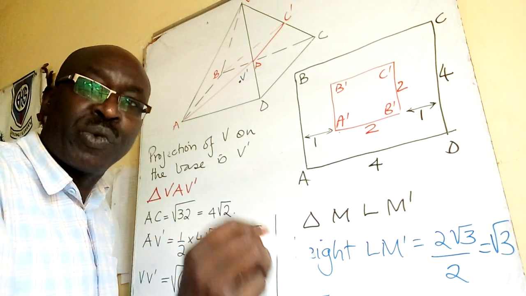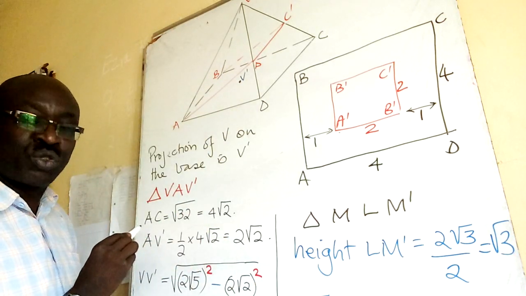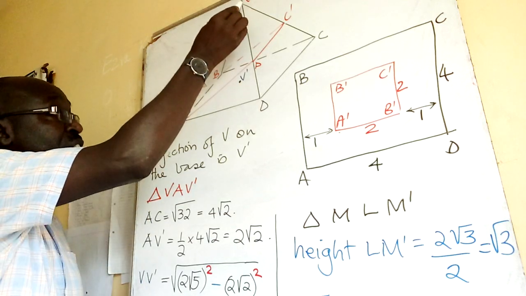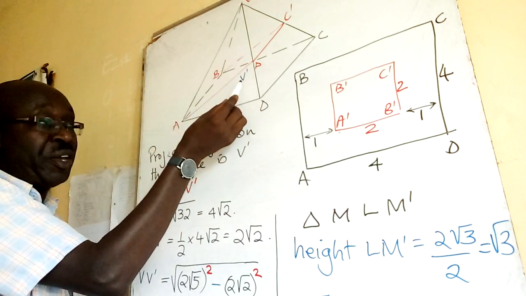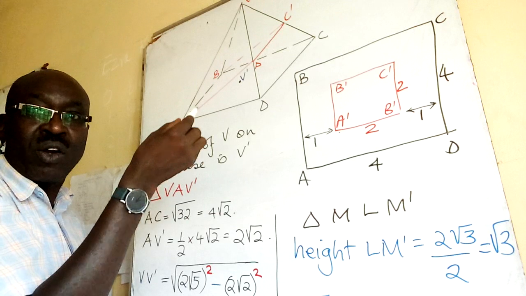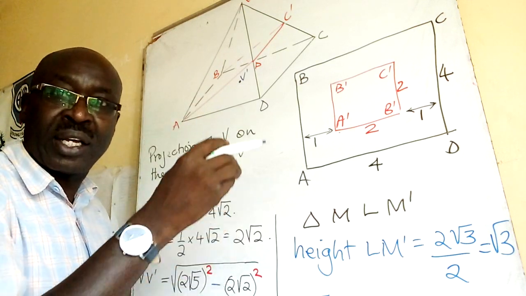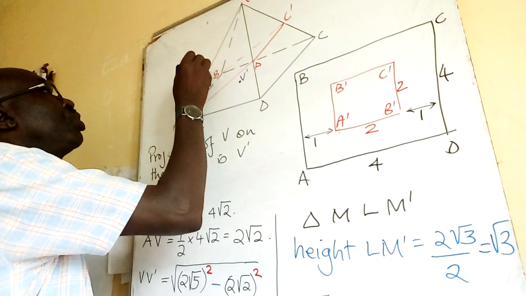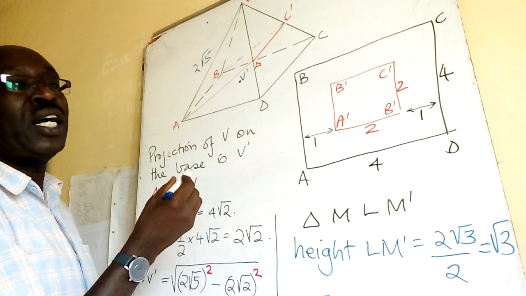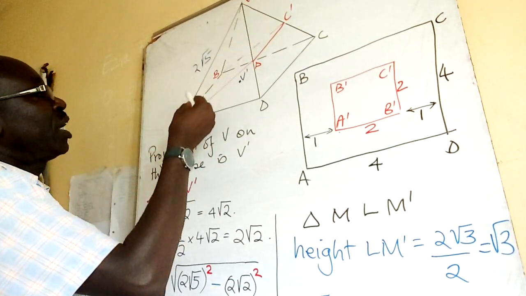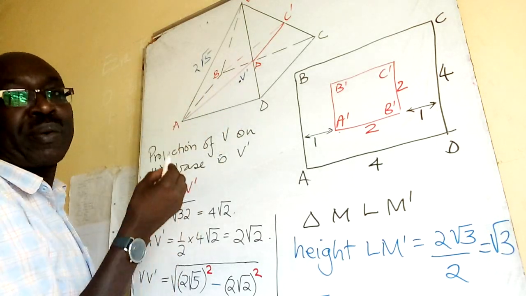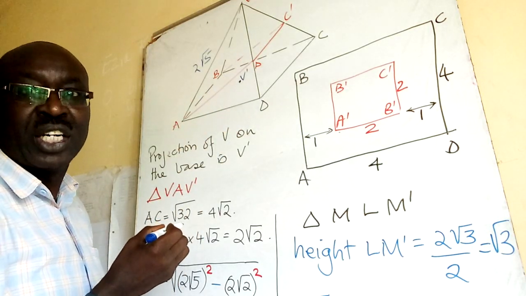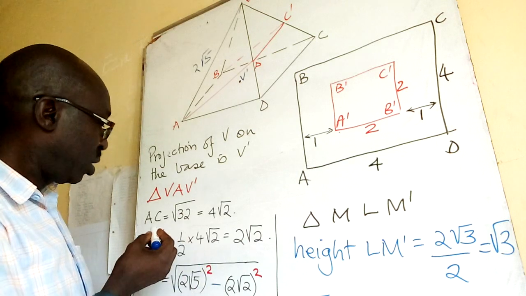We want to come up with a triangle. So I have to get triangle V V prime, and one of the edges. I've already been told an edge is 2 root 5. Okay? So V prime will give me the triangle to be used.